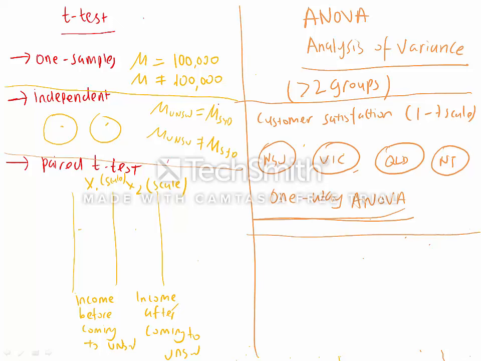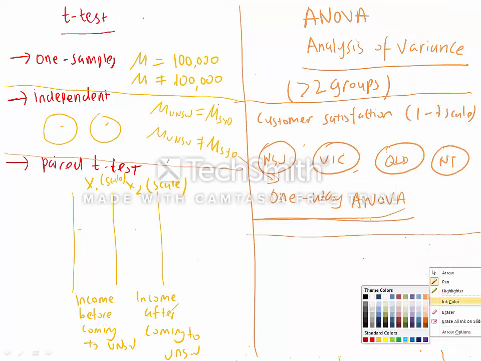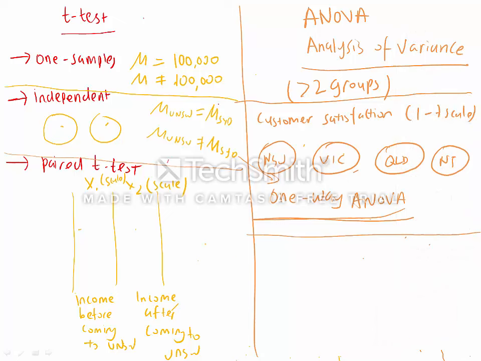Then the second one is the concept of paired. I'm just using different colors so that at least you know what I'm talking about. For the paired t-test, we have 2 scale variables.